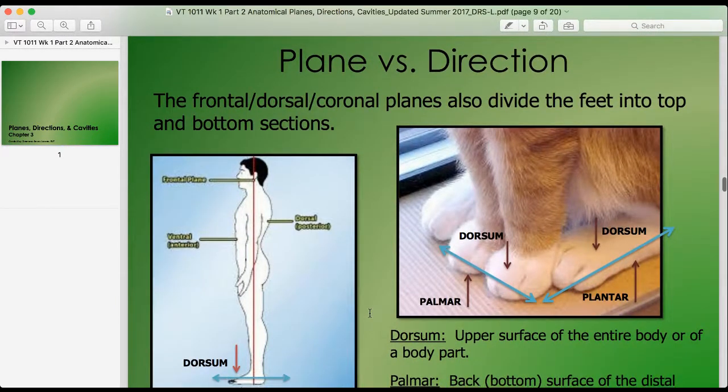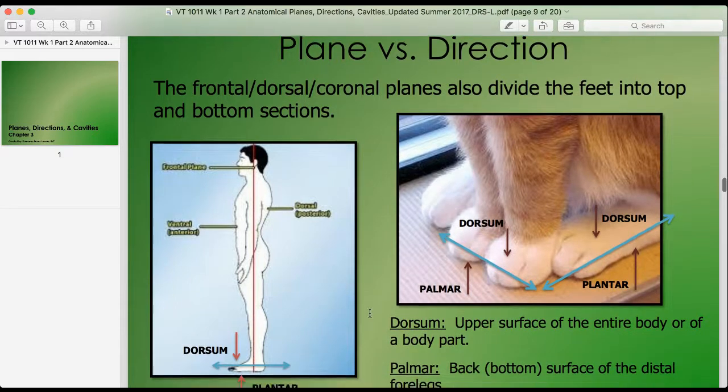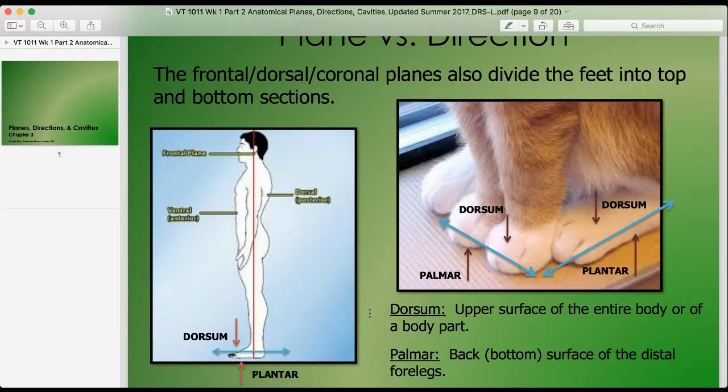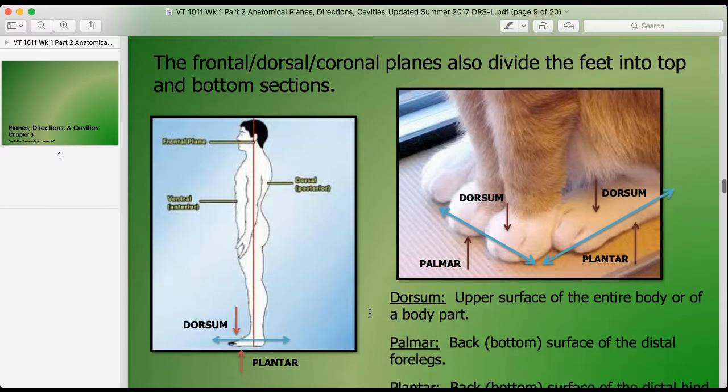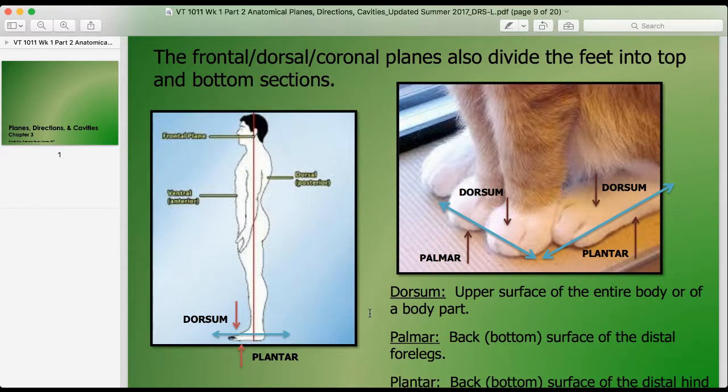So again, planes versus direction, we have our human there, but frontal, dorsal, coronal planes can also divide the feet into top and bottom sections. So the dorsum is the upper surface of that entire body or the body part.